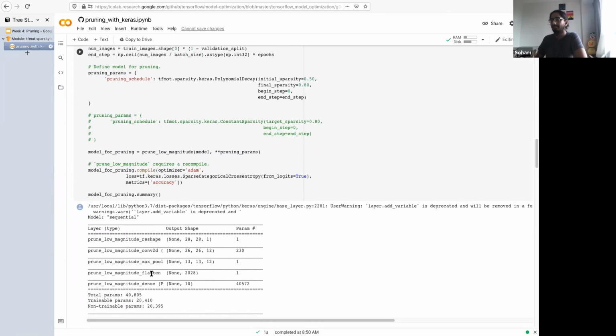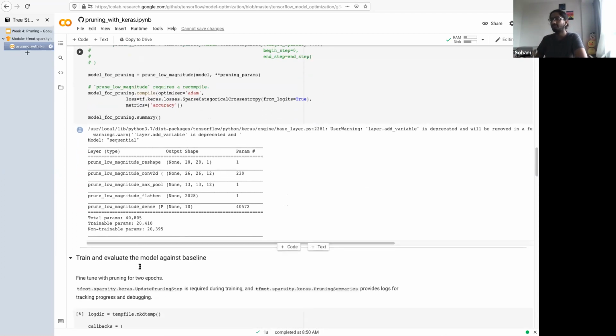Here you can see that the flatten has been changed to a prune low magnitude flatten. It's like how previously we saw that TensorFlow would change the normal flatten layer to the quantization specific flatten layer. In the same way, it's changing it to the pruning specific layer.